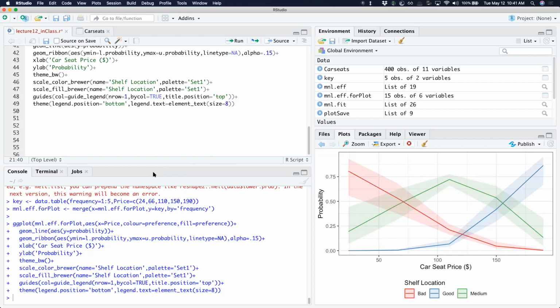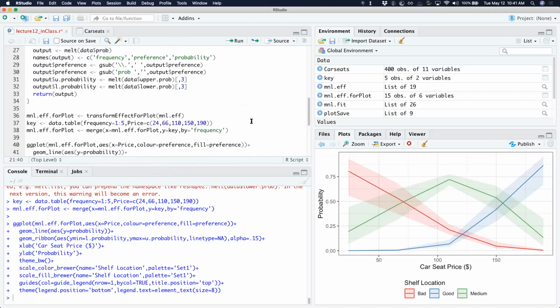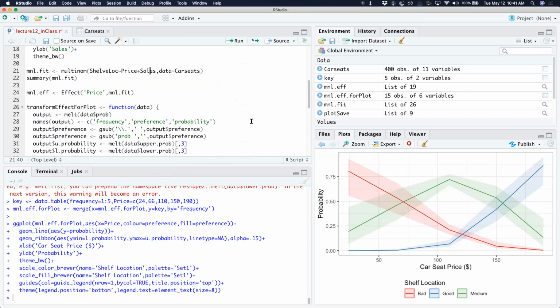Alan, what's informing the spread that you're plotting? Yeah, so that's actually the main reason why I use the effects package. This shaded area is related to the standard error in the coefficients. Essentially it just means that there is a little bit of uncertainty with my estimate, right?